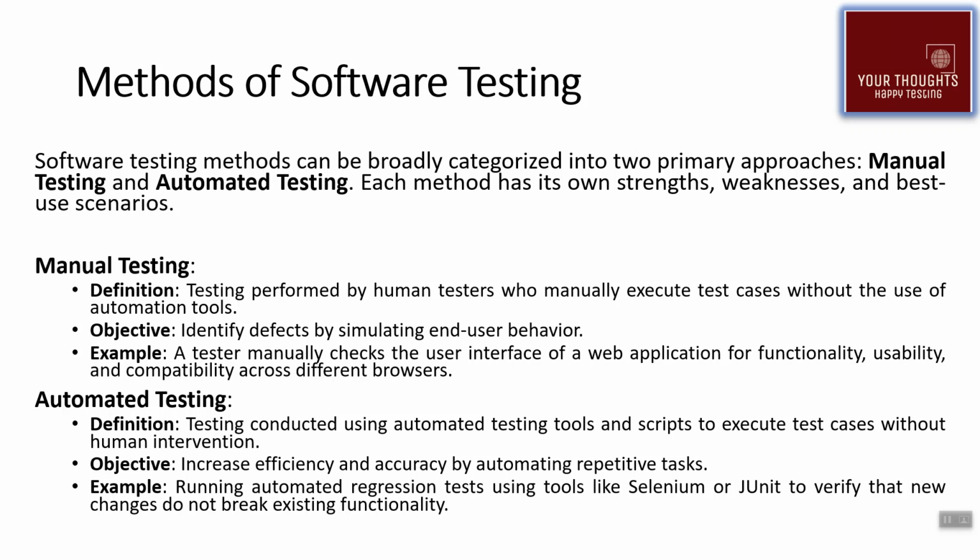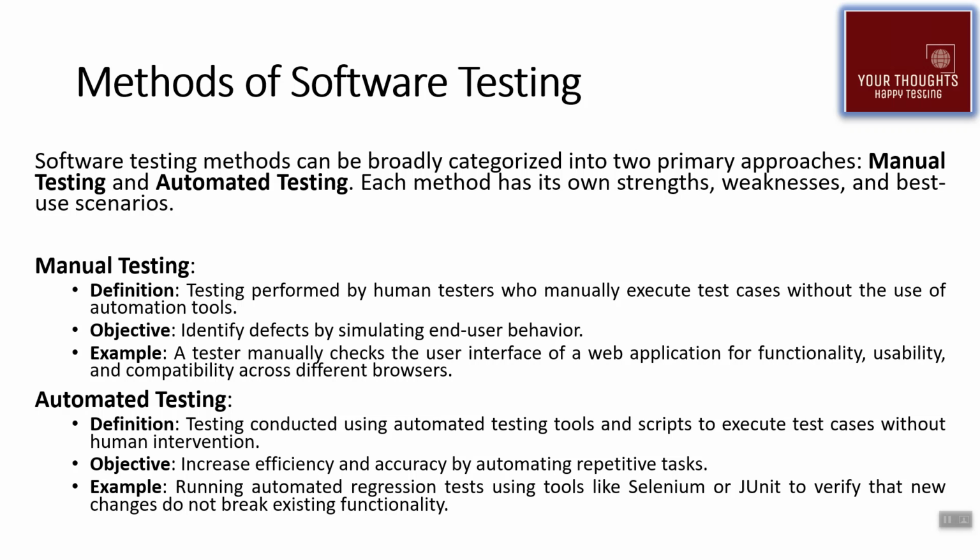The objective of both manual and automated testing is to improve the quality and remove defects. Both have their own benefits and their own disadvantages, and we will see what those are as well. The objective of manual testing is to identify bugs by simulating end user behavior.